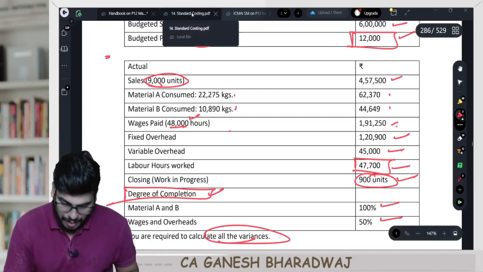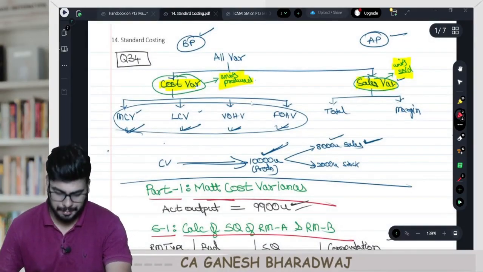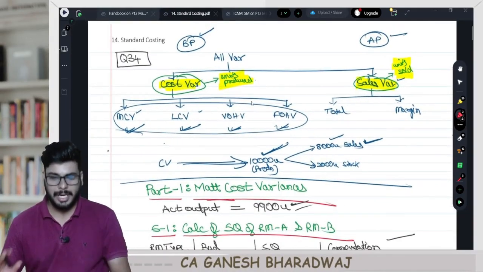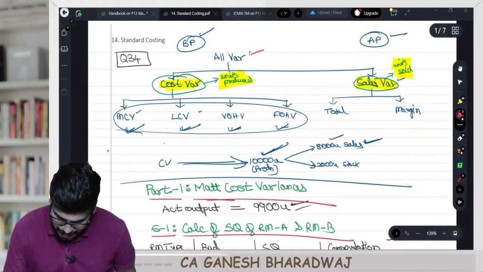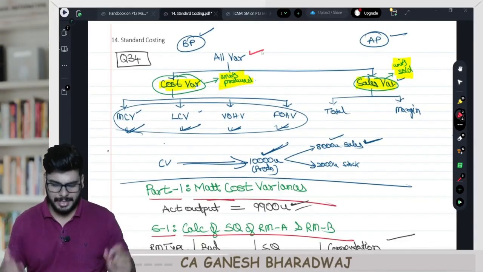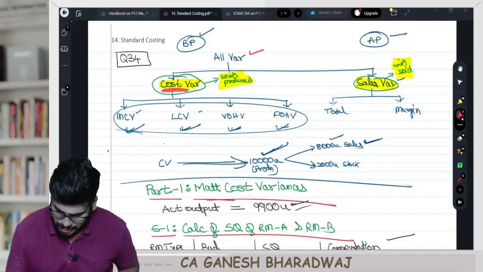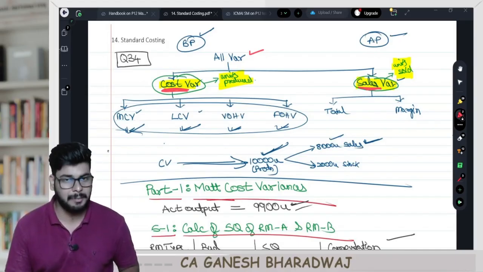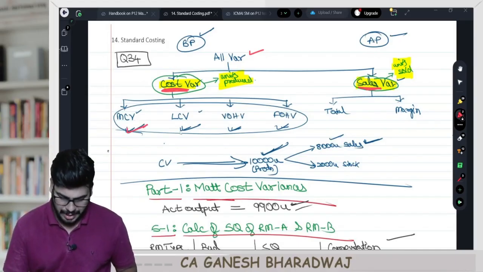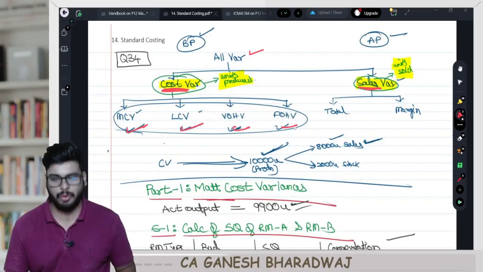Now guys, let me tell you one very, very important thing in this particular area. Basically, we have all the variances we've got, right? The variances are classified into what? The cost side variances and sales side variances. Cost side variances are further bifurcated into material variance, labor, variable overhead, and fixed overhead variances, and on the sales side we have total and margin variance.